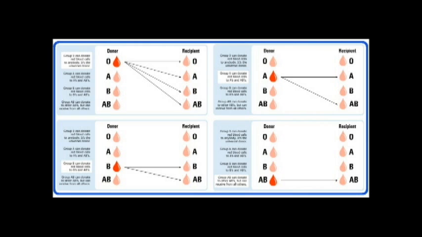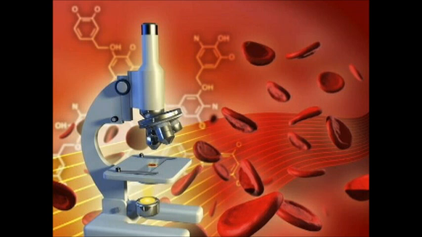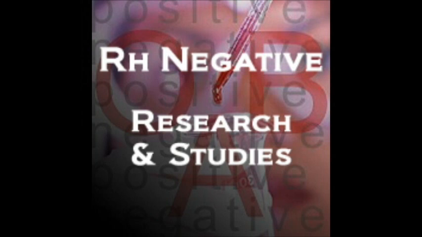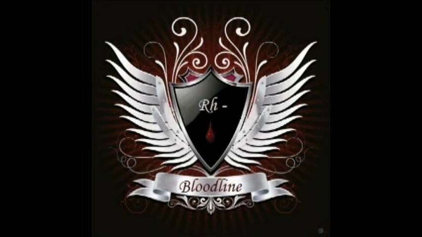And this has nothing to do with racial stuff. So I don't want people thinking that this is being racist. We're just talking about blood types and factors. In the science community, I believe that all of the O negative people are being linked, keeping tabs on these people that have this bloodline.